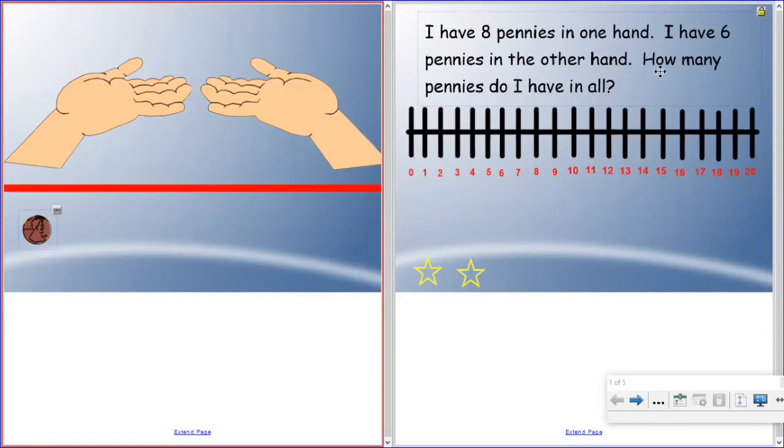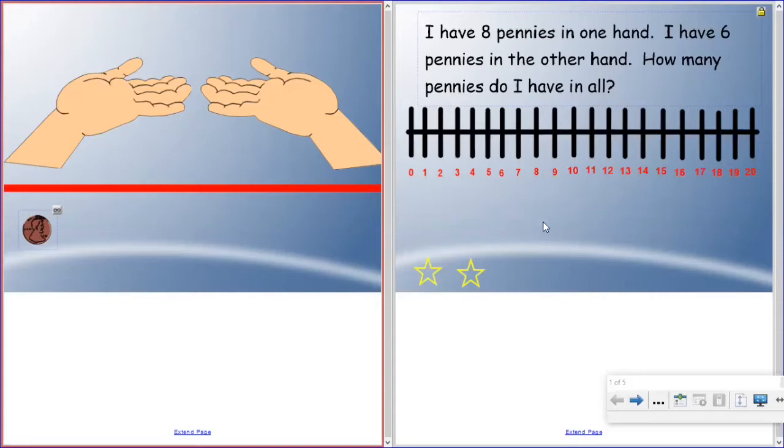Now let's read the question. I know it's a question because it begins with a question word, how? And it has a question mark at the end. I know that sentences that end with a question mark are asking you something. This question is asking how many pennies?